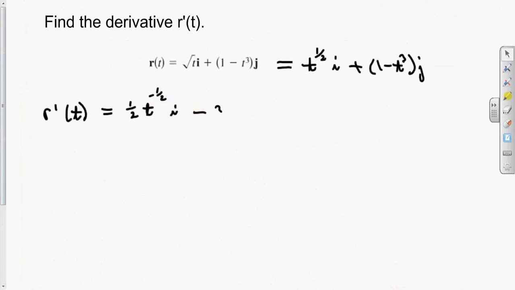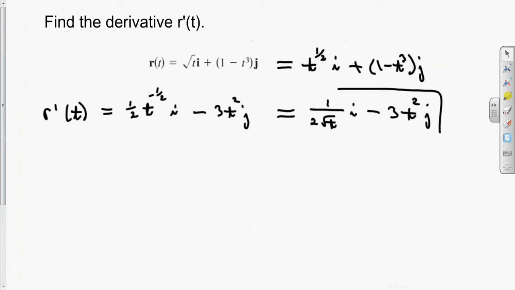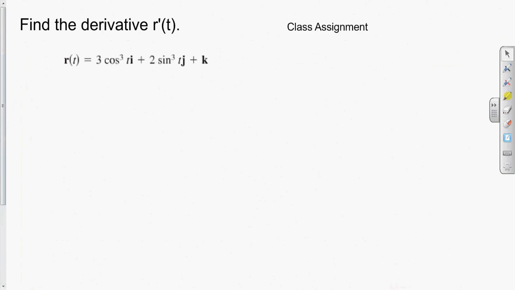And then this is minus 3t squared j. And you could just write that as 1 over 2 times the square root of t, i, minus 3t squared j. Just a straightforward derivative. Okay? All right, find that derivative.